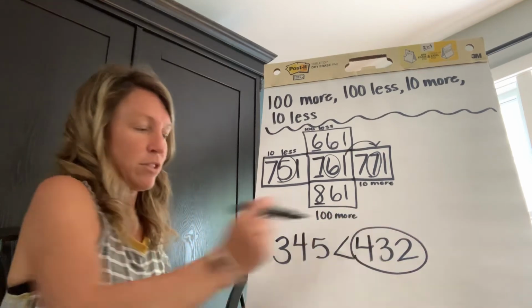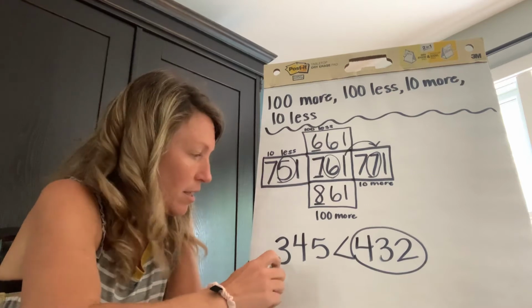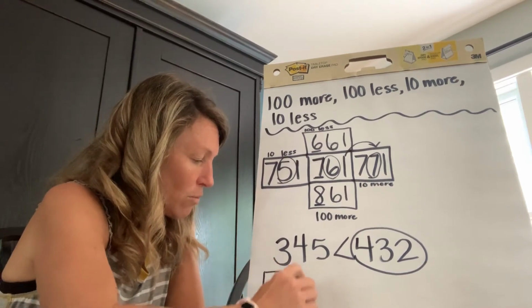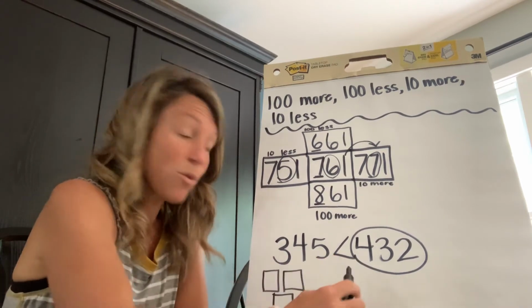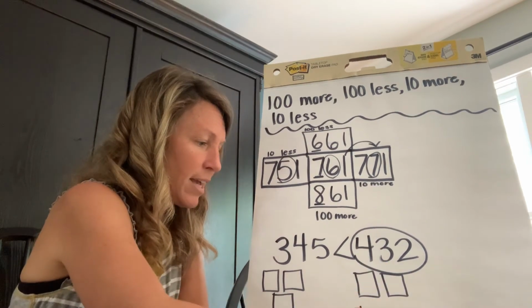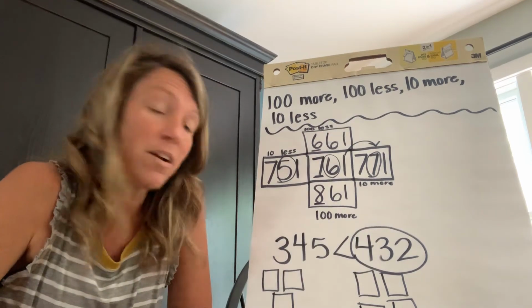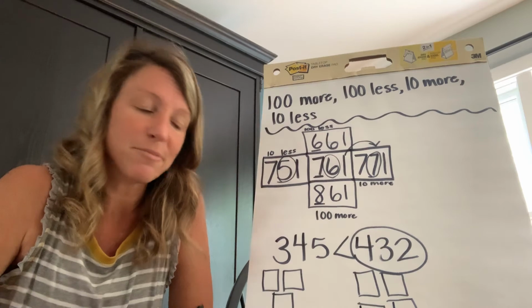And how do I know it's greater? Because I looked at the hundreds place. This number, 345, only has 3 hundreds, and 432, yep, you guys are so smart, it has 4 hundreds. So we know that 432 is greater than 345.